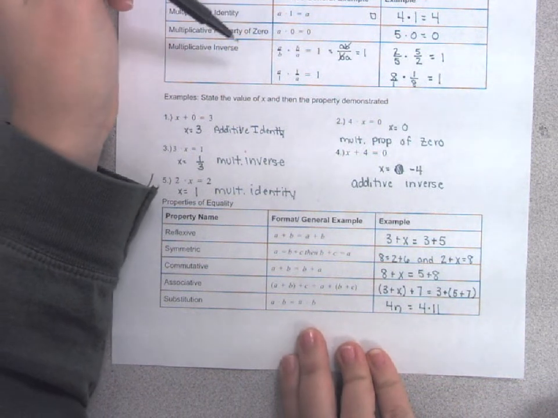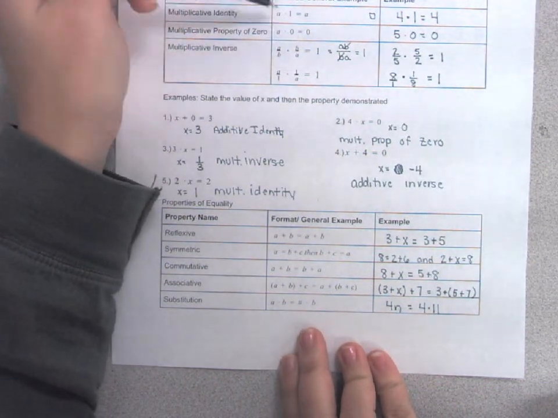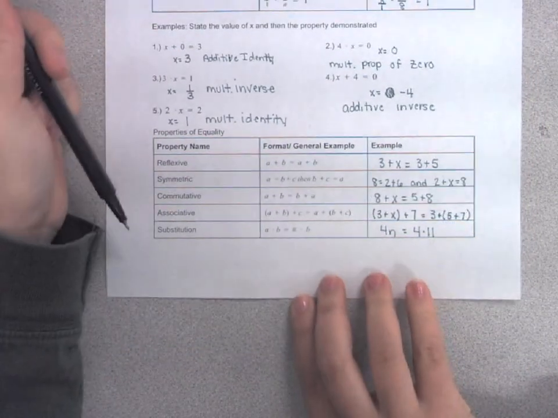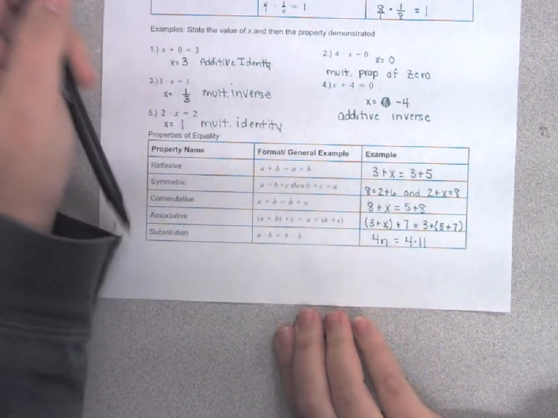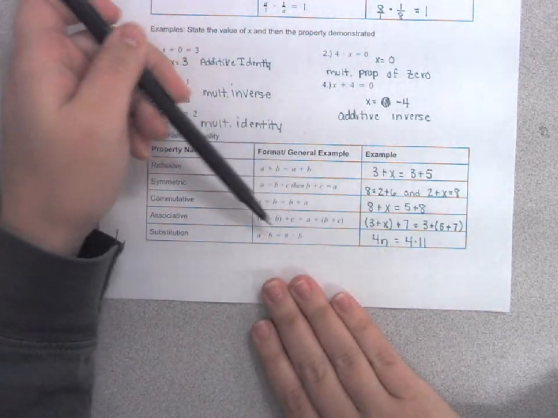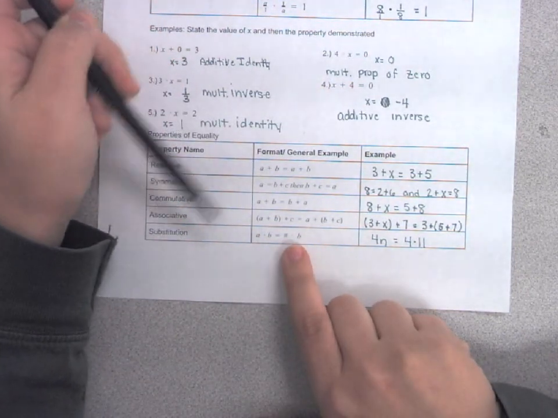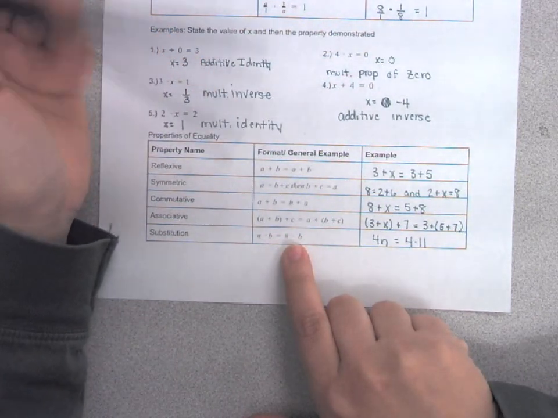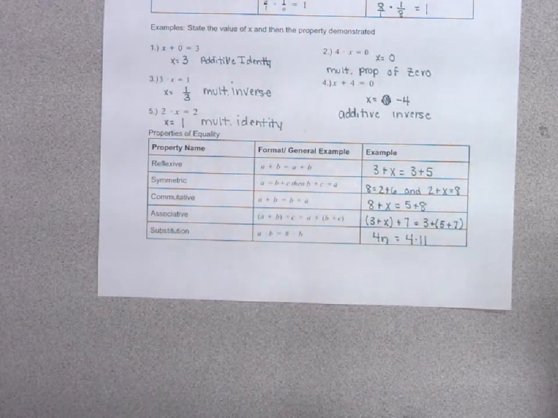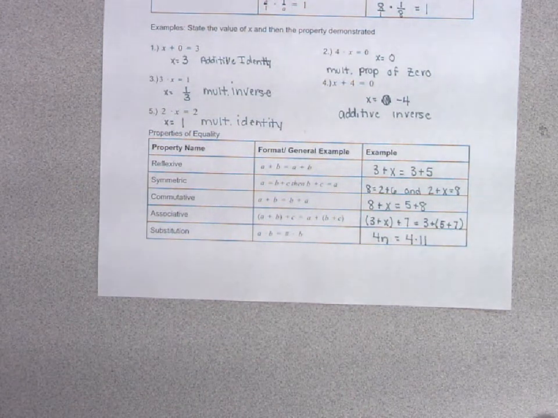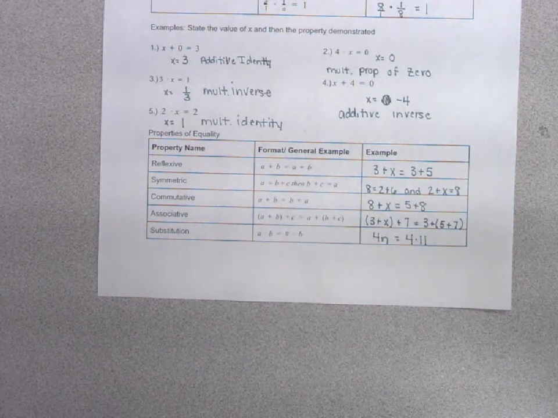Multiplicative or multiplication properties have ones and zeros in them, always one of the two. The properties that are special, that work all the time with all kinds of numbers, most of them are addition other than substitution, and none of them will ever use 1 or 0. That's a big hint to separate the kinds of problems you have and what kind of properties they can be. Maybe prioritize them, or compartmentalize them in your head to figure out which one's which.